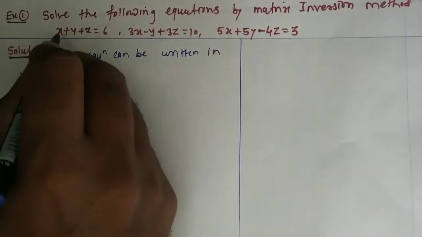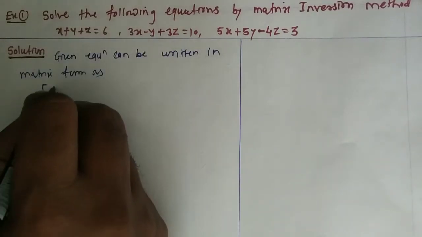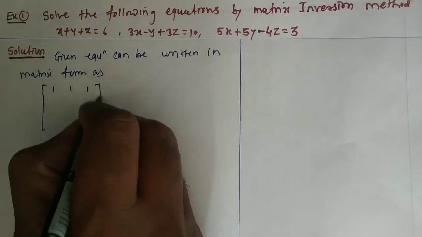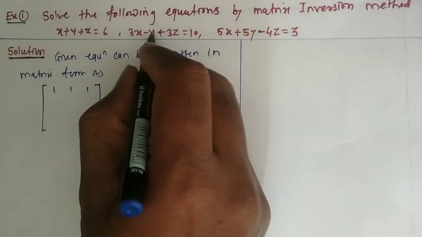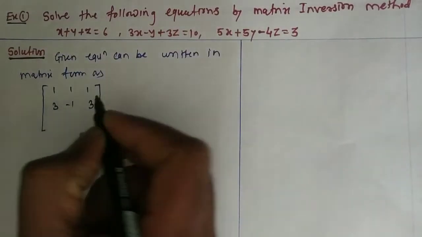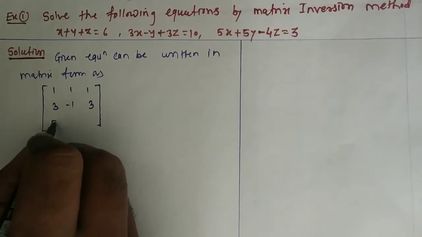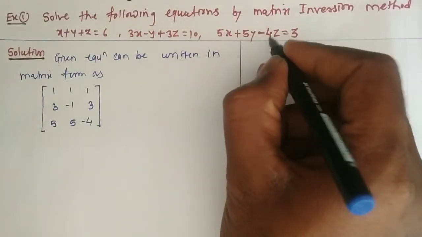First write down the coefficients of x, y, z. So 1, 1, 1 will be the first row. Second row will be 3, minus 1 and 3. Now the third row, coefficients 5, 5 and minus 4.